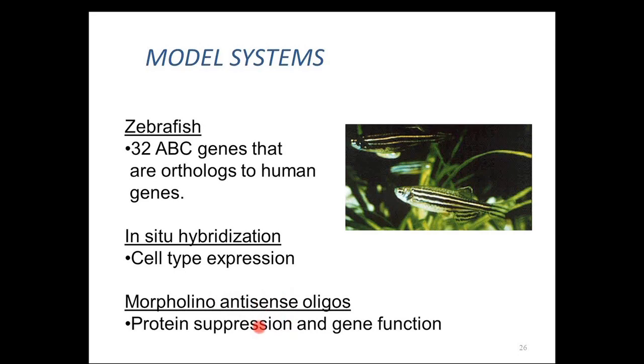And you can inject that oligonucleotide into a fertilized egg of the fish, and then that protein will be suppressed as the fish develops, and you can see what is the effect of doing that. And so it's a quite inexpensive and rapid way to figure out the function of the gene.